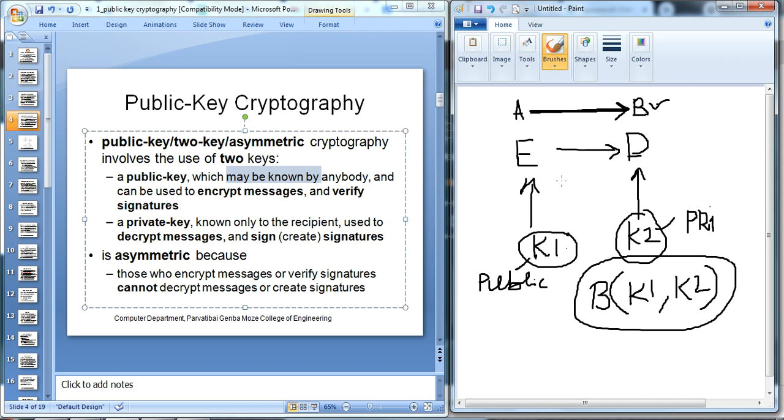It depends on the message direction. If A wants to send a message to B, then the encryption and decryption process uses the key pair of user B. If the message direction is B to A, then it uses the key pair of user A.